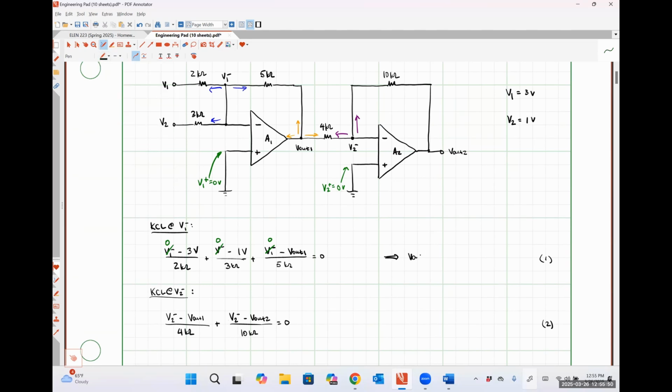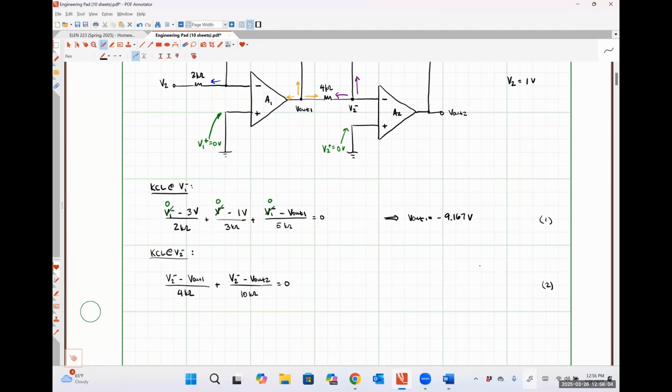And when I solved it, just using the numerical solver on my calculator, I got that V out 1 was equal to negative 9.167 volts. Now down here in my second equation, V2 minus is 0.